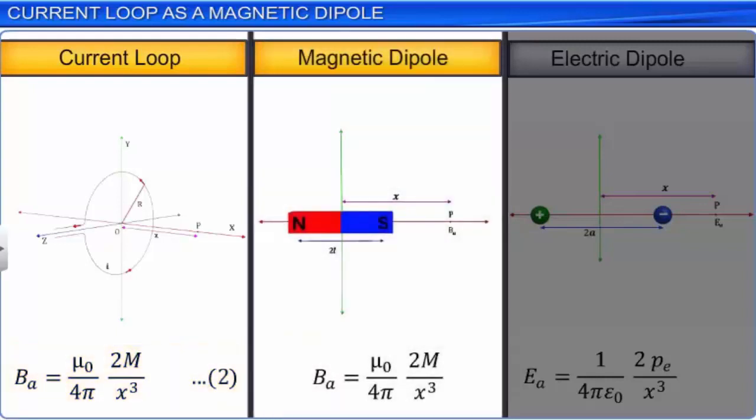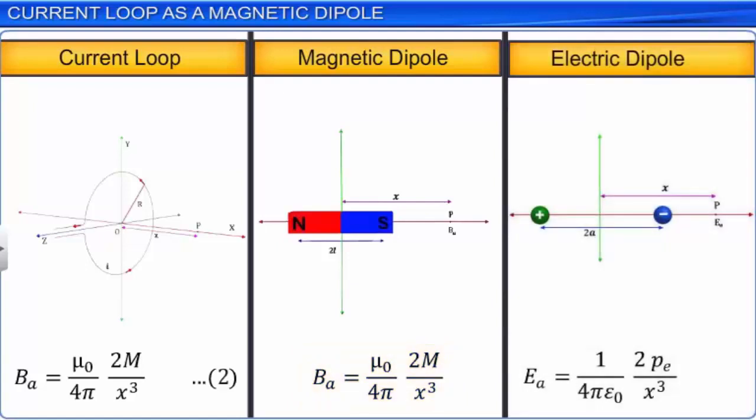We know that the magnetic induction at a point P on the axial line, at a distance x from the center of a magnetic dipole, B_A is equal to μ₀ by 4π into 2M by x³, where M is the magnetic moment of the dipole.